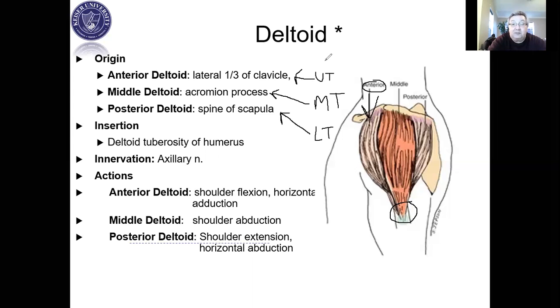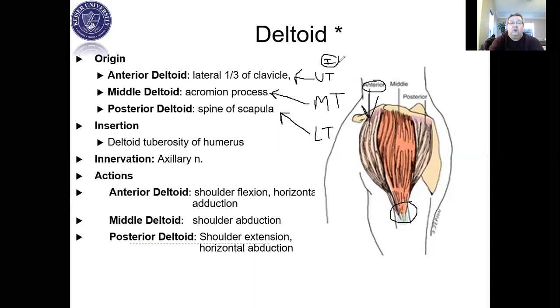Well, the traps have their insertions at the same areas. Upper trap insertion, lateral third of the clavicle. Middle trap insertion, acromion process. Lower trap insertion, posterior spine of the scapula, just like the deltoids.